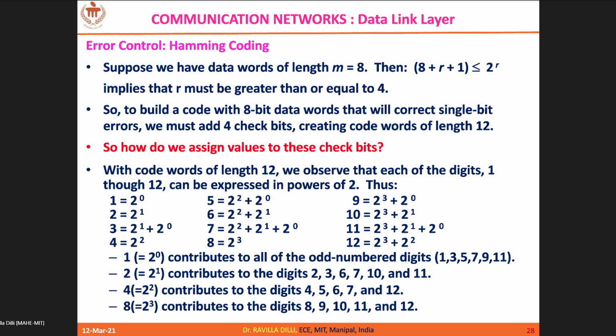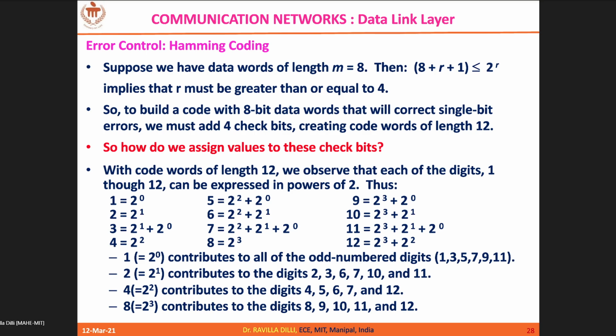So 2 is what we are deriving now. The 3rd bit value is 1, XOR the 6th bit value is 0, the 7th bit value is 1, the 10th is 1, the 11th bit value is 0. So R1 is 1, if I am not wrong.